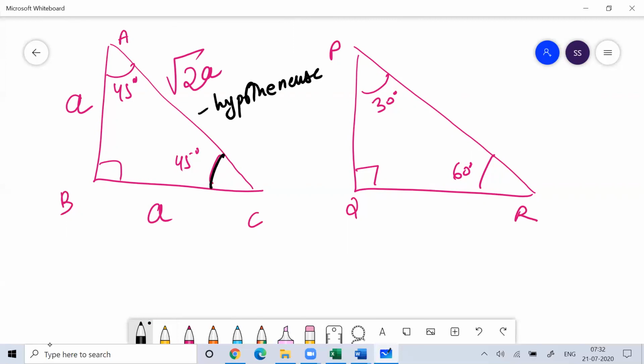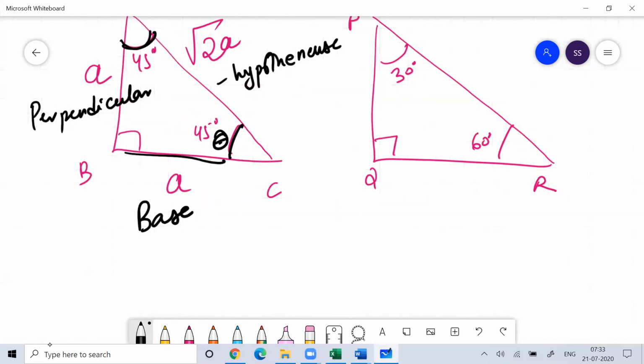Whatever the side opposite to the angle, this is called the perpendicular. If you talk about this angle, then this is the perpendicular. If this is theta, the side opposite to theta is the perpendicular, and the side adjacent to it is called the base.